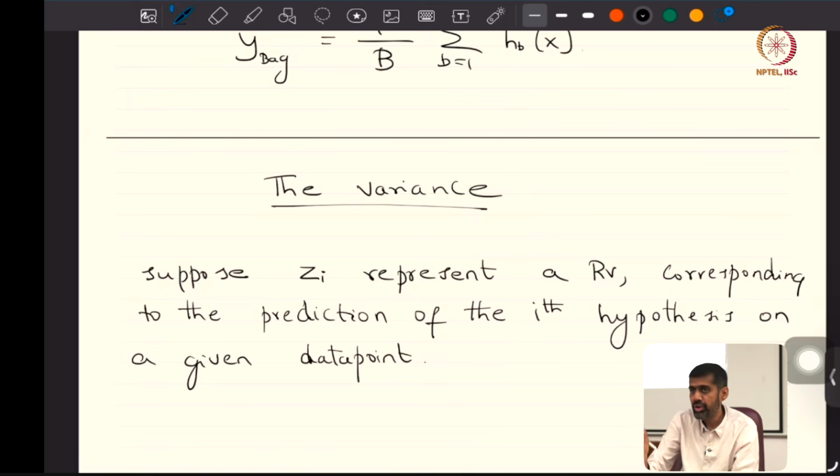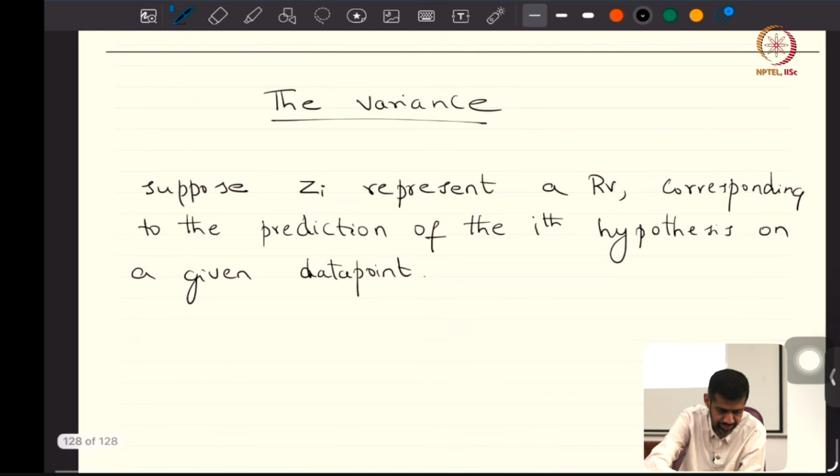Since a hypothesis function is a deterministic function and we have stochasticity on x, the prediction also has stochasticity, right. So, let Zi represent a random variable that is simply the output of the ith hypothesis for a given data point. Okay.